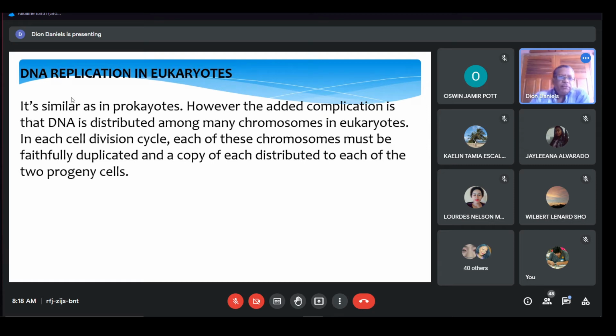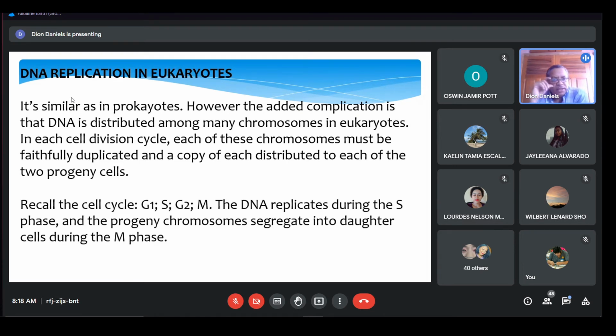In each cell division cycle, each of these chromosomes must be faithfully duplicated and a copy of each distributed to each of the two progeny cells. All right, so remember mitosis will end up with two daughter cells that are diploid and are identical to the parent cell.